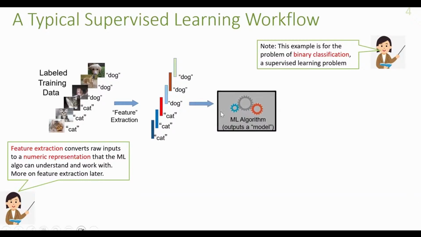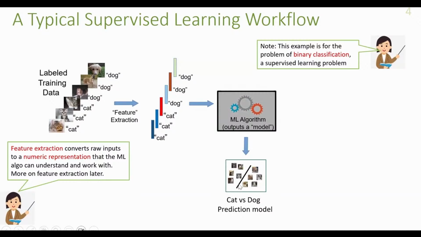Then we will learn a machine learning model using these numerical representations, numerical vectors, and then we will train machine learning models using this data, right? So in the data, we are having several dog images, several cat images, and we will train our machine learning model using this data.